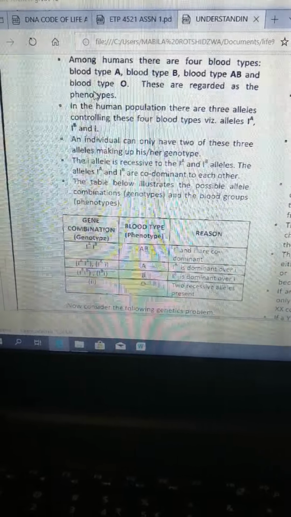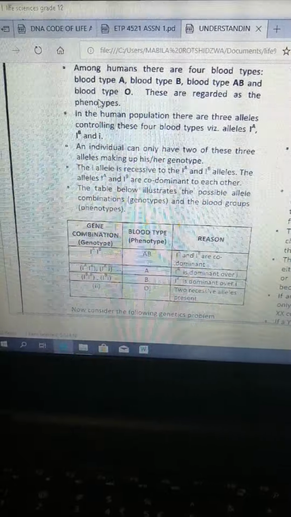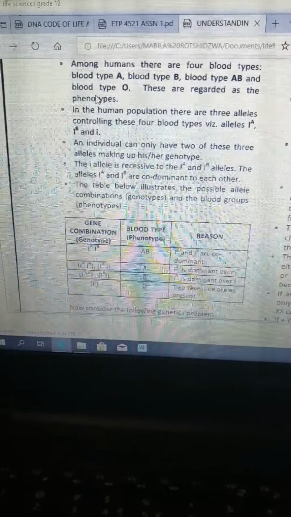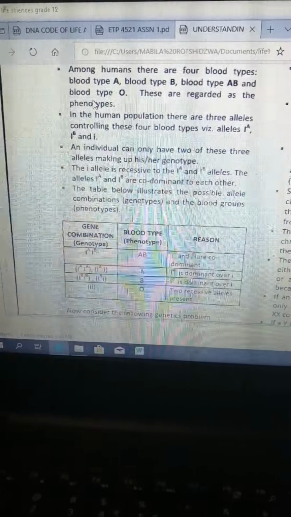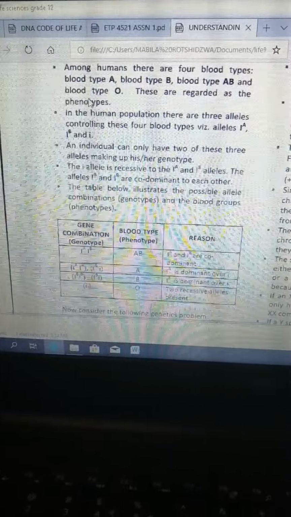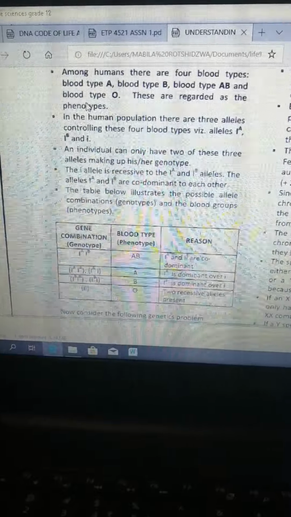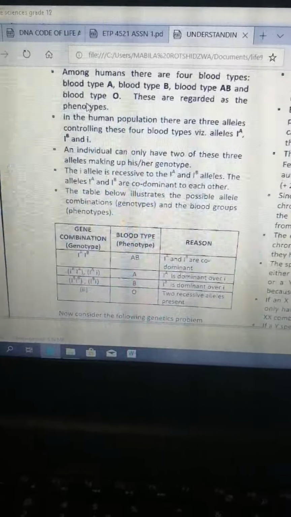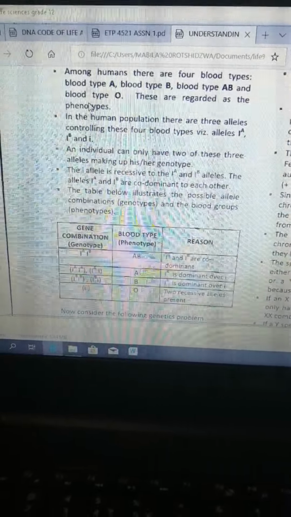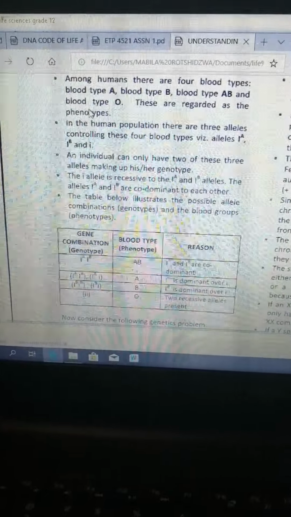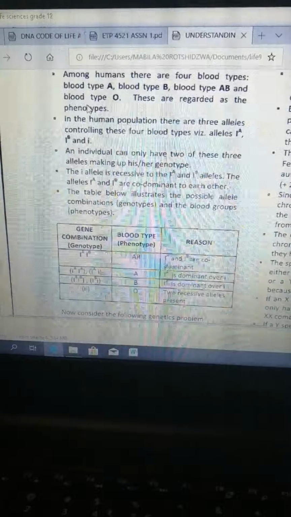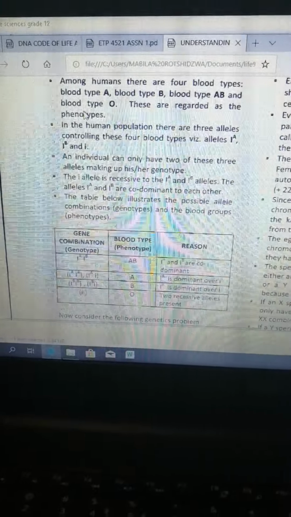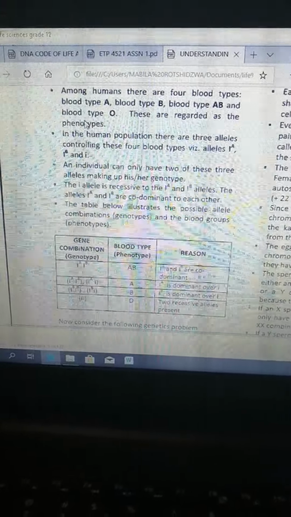To differentiate between these 2 dominant alleles, they also use the letters A and B. These 2 alleles are co-dominant, or they work together, and they influence the phenotype of the blood type of an individual. Why? Because they are dominant.